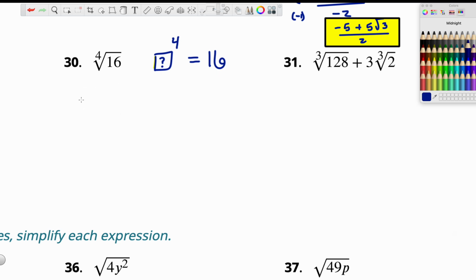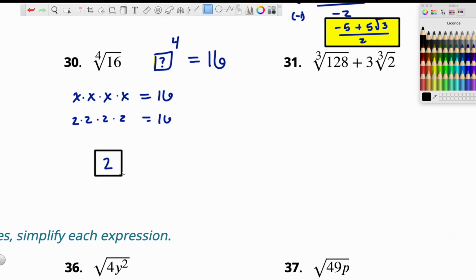If I just write this as x, it would be x times x times x times x equals 16. What does this number have to be? I hope you see it's 2. 2 times 2 times 2 times 2 is 16. So the fourth root of 16 is 2.